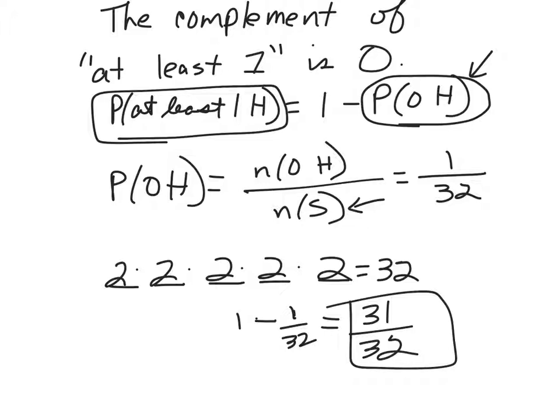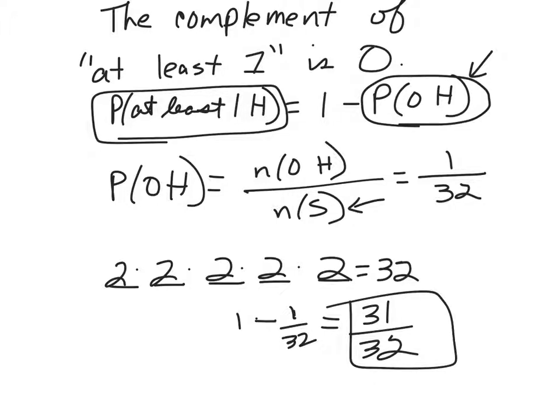Now, if you're wondering about the original problem that's in your textbook, example 3, where it says, find the probability of getting at least 2 heads, well, the complement of at least 2 is 0 heads or 1 head. The number of ways that I could get 1 head would be pretty easy to figure.